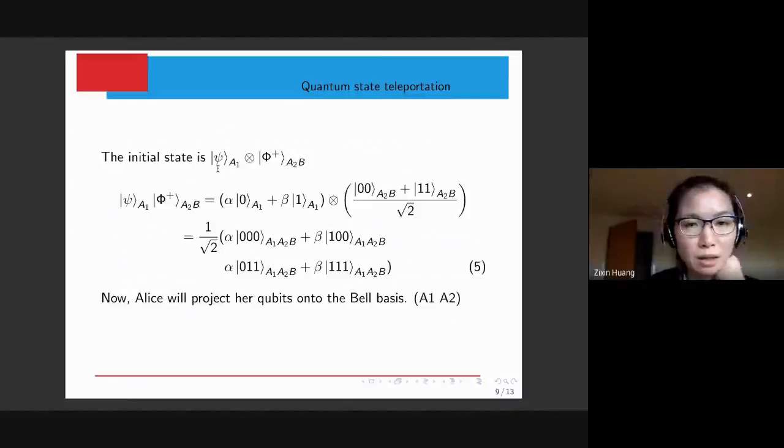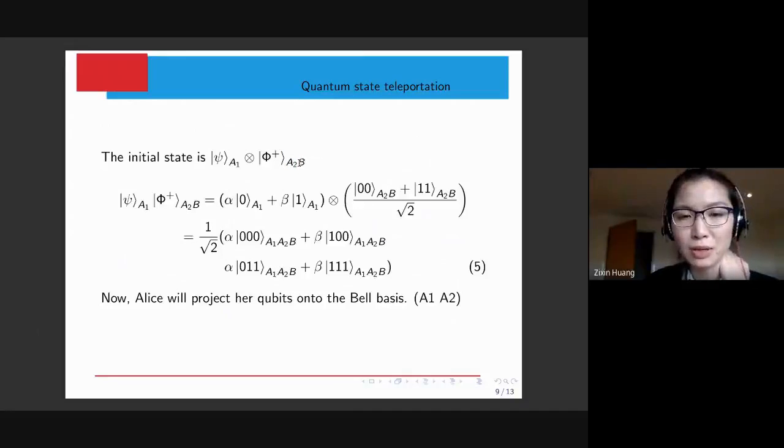So the initial state is psi, the one that we want to teleport, tensored with a maximally entangled state that's pre-shared between Alice and Bob. The subscript A1 means that Alice is in possession of the state. And A2 means there's a second qubit that's in possession of Alice.